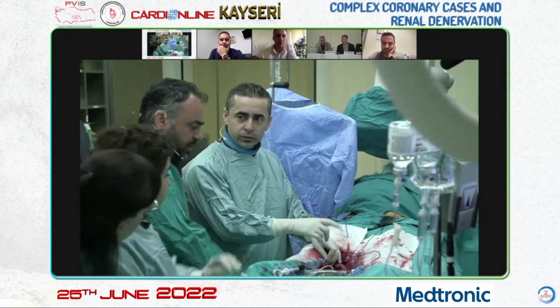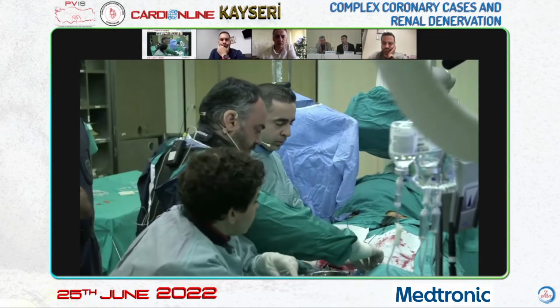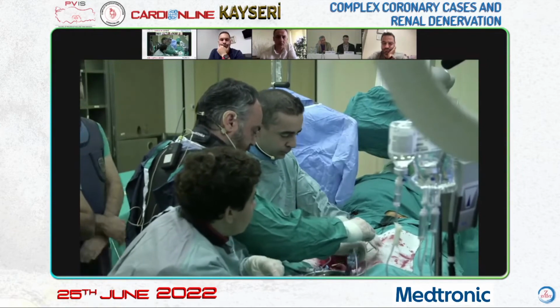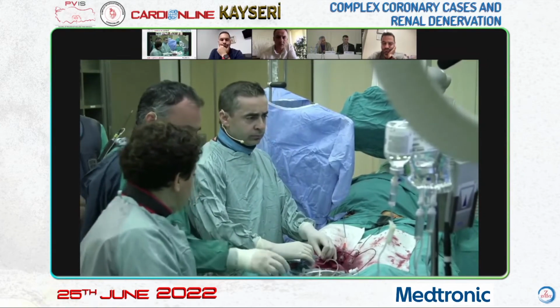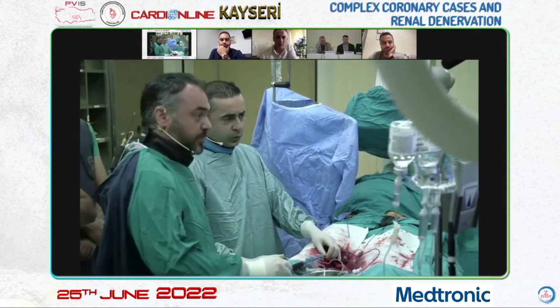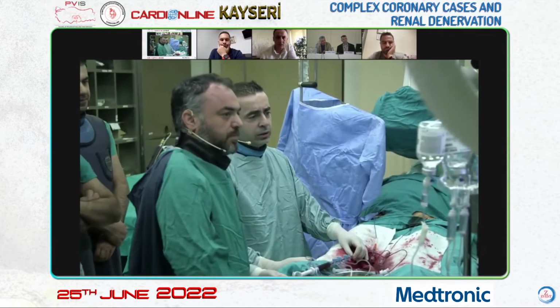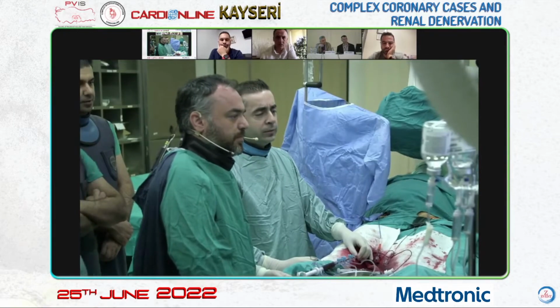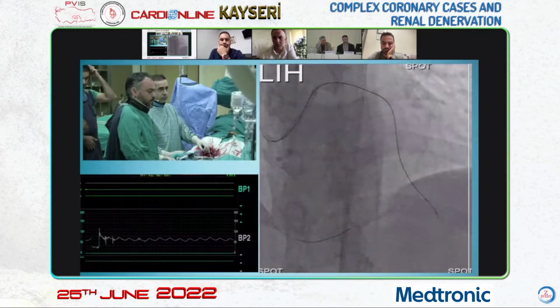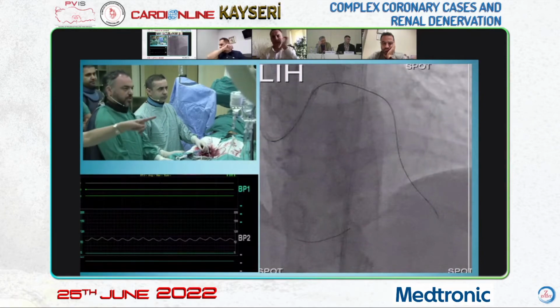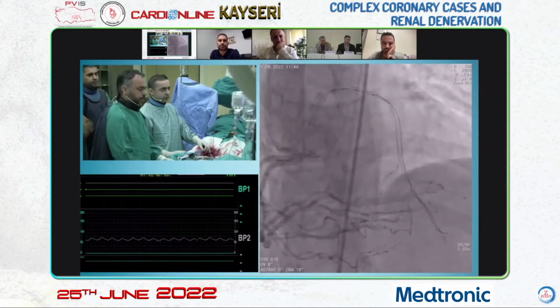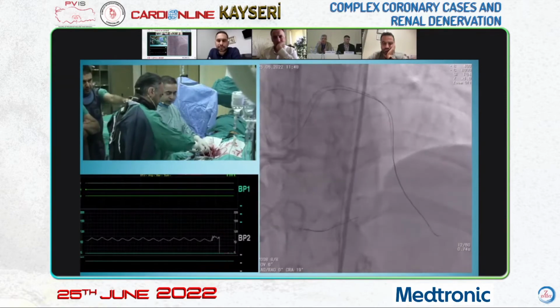We are getting the pressure around 40 or 50 millimeters mercury, and it's very good indeed. Can you show us? Can you see the pressure? No, we cannot. What's the pressure? Around 60. Do active type injection.